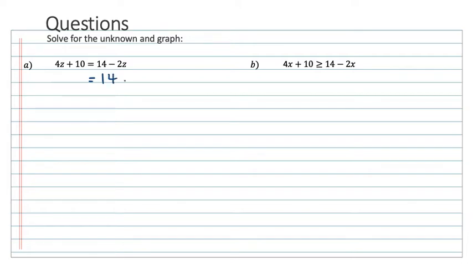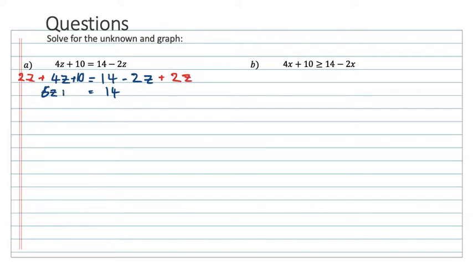So 14 minus 2z plus 2z, then 4z plus 10 plus 2z. And that's going to give me 14. The negative 2z cancels out with the positive 2z. 2z plus 4z, that will be 6.